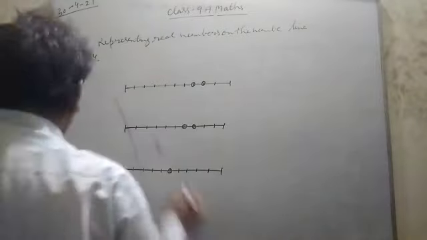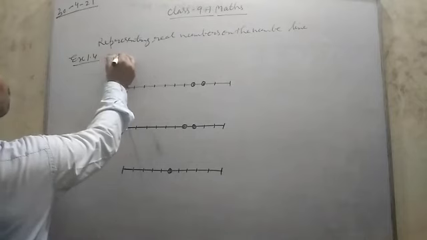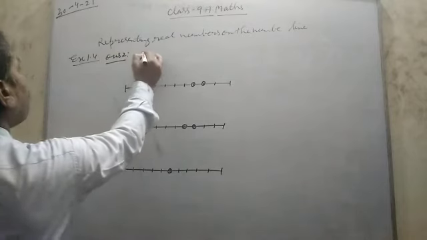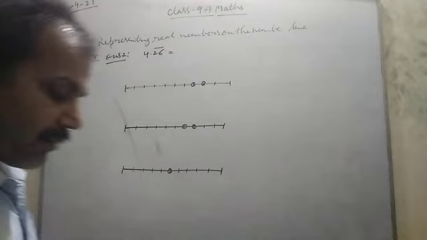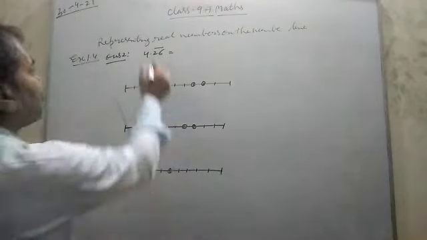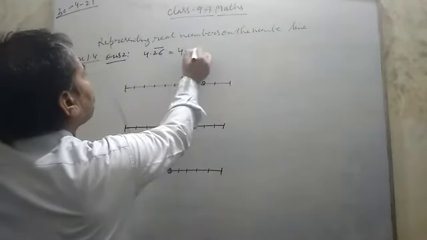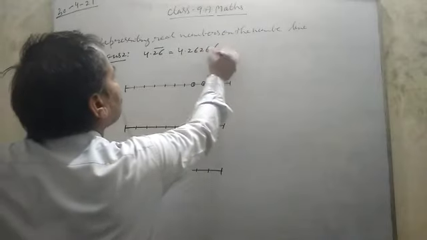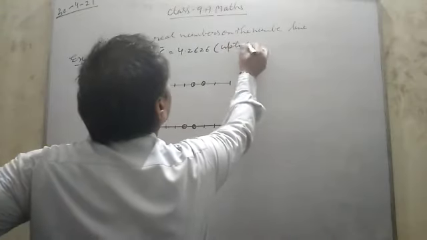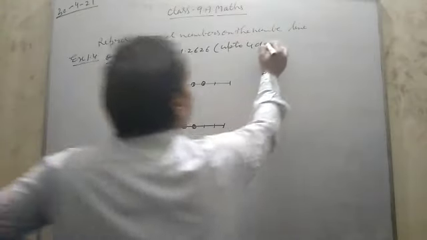Then question number 2. So the second one, question 2: 4.26 bar, and here we show it on the number line up to 4 decimal places. So expand it, up to 4 decimal places: 4.2626.